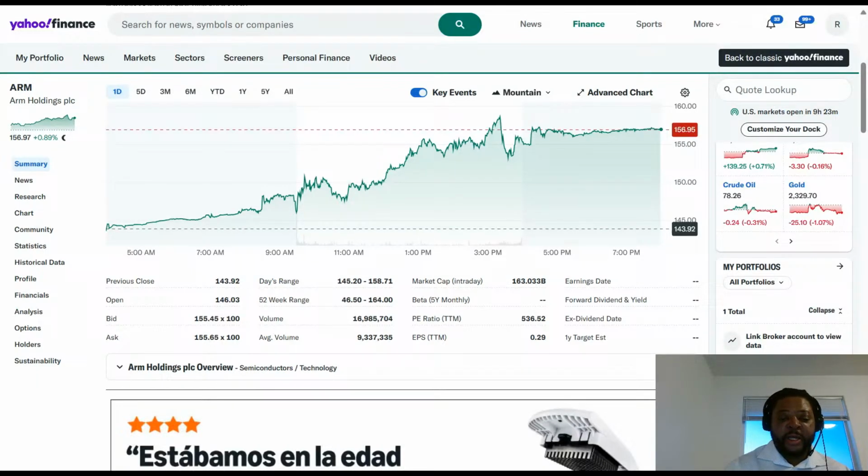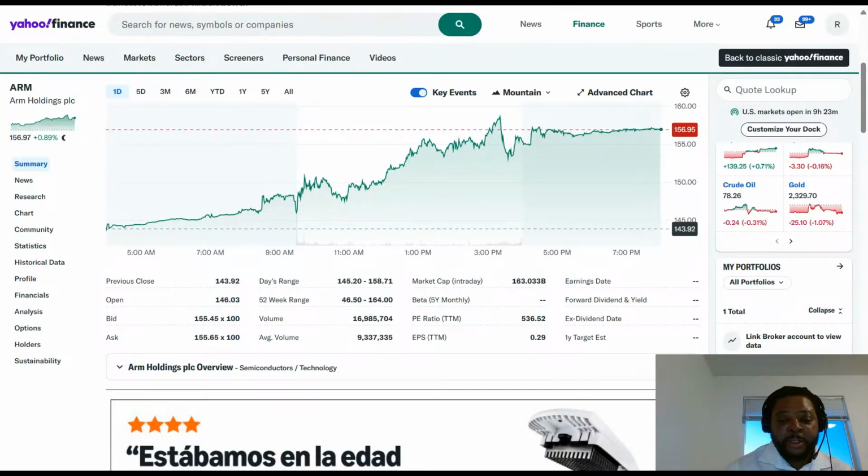So at 9:30 a.m. Eastern time, this stock opened at $143.03. Sorry about that.